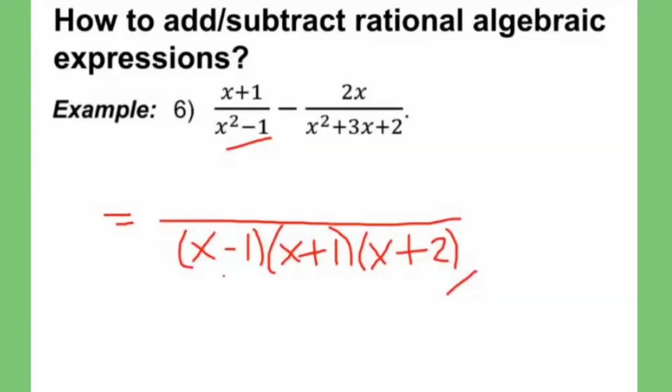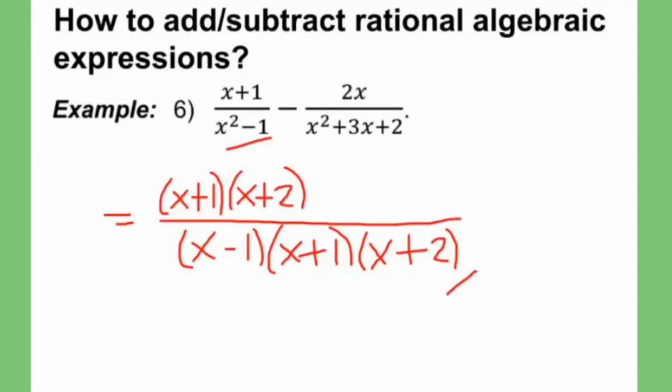Kasi yung x squared minus 1 is equal to x minus 1 times x plus 1. So, makakancel out yung dalawang factors na yan. And now, we multiply the result to our numerator, x plus 1. We have x plus 1 times x plus 2.